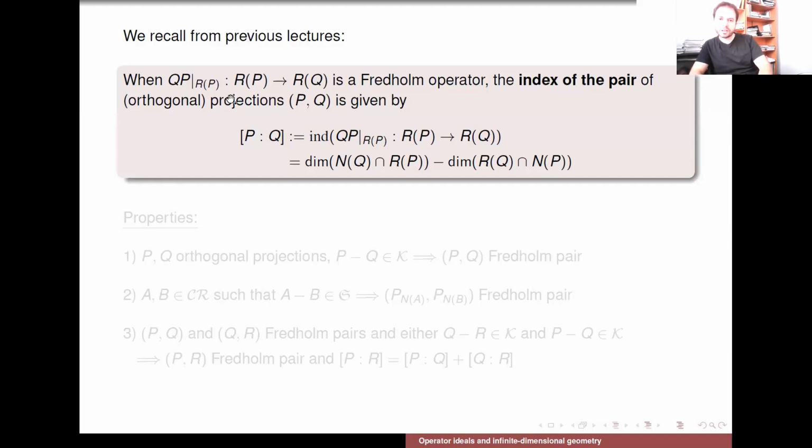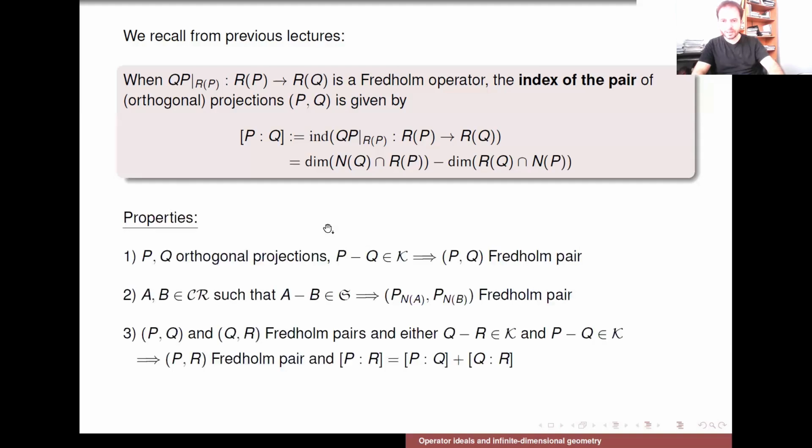Recall that a pair of projections, P, Q, orthogonal projections, is said to be a Fredholm pair when this operator, viewed as an operator from the range of P to the range of Q, is a Fredholm operator. In that case, the index of the pair is defined as the index of that operator. And the index can also be computed as this difference between dimensions of these intersections.